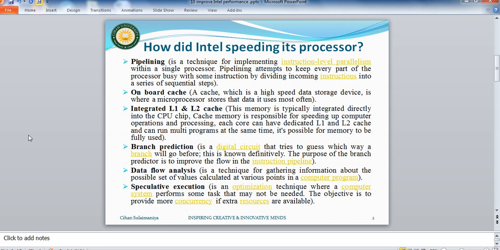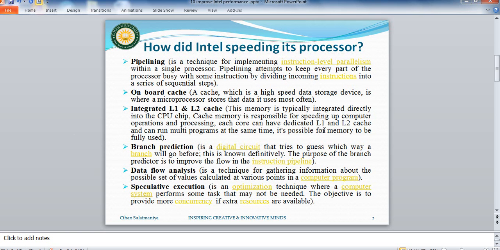So what are L1 and L2? This is memory typically integrated directly into the central processing unit chip. The cache memory is responsible for speeding up computer operation and processing. Each core has a dedicated L1 and L2.